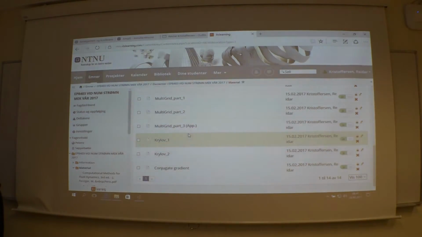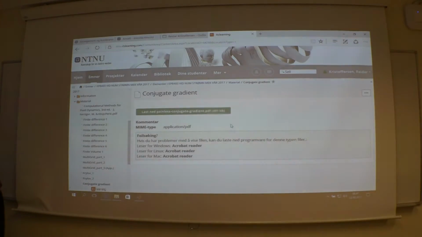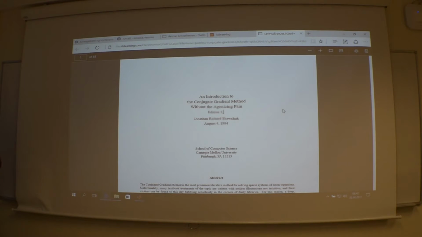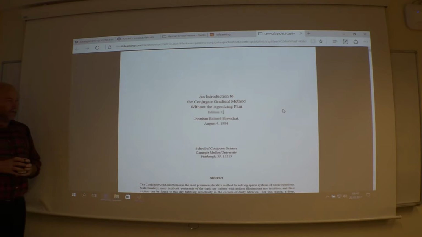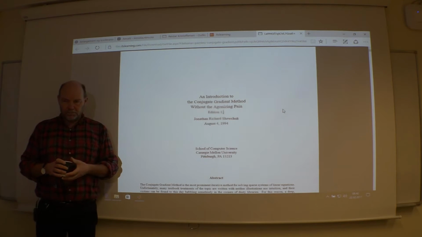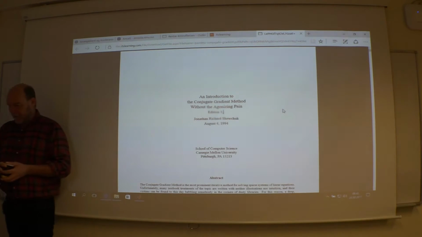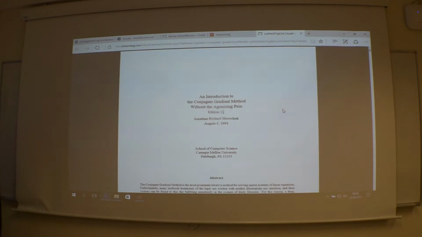Now, multigrid aside, this conjugate gradient material is something that a student wrote. He calls it "Conjugate Gradient Made Painless." He's trying to give a simple explanation of what conjugate gradient is, and he's done a fairly decent job.